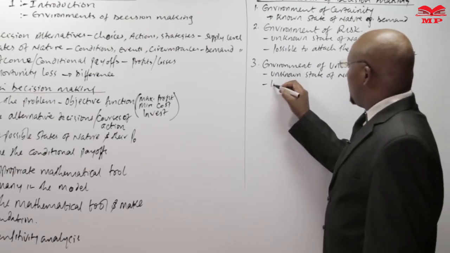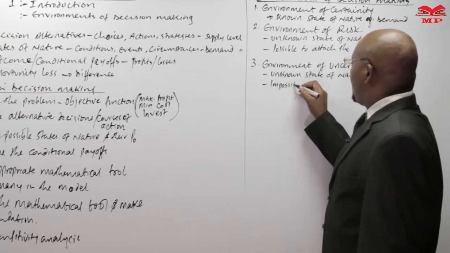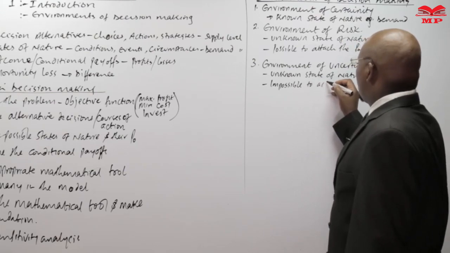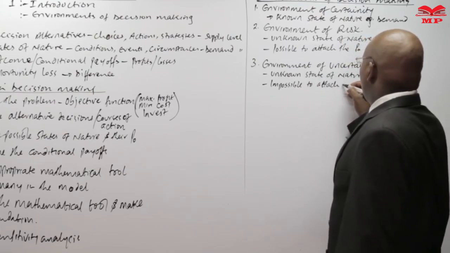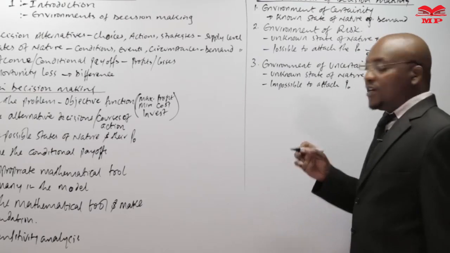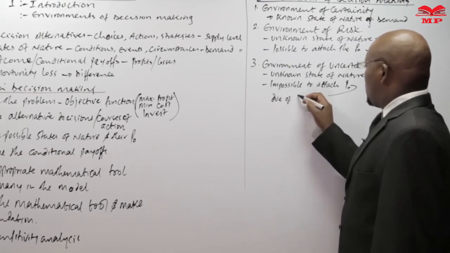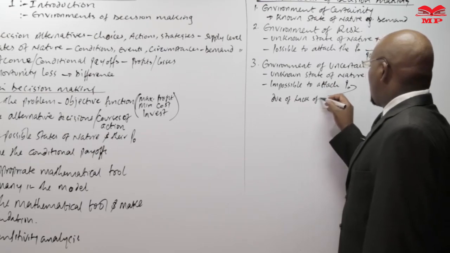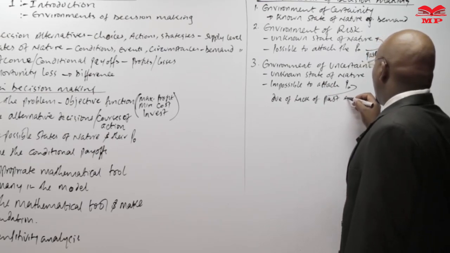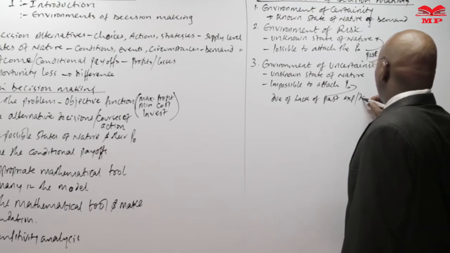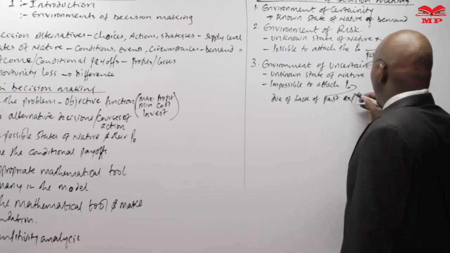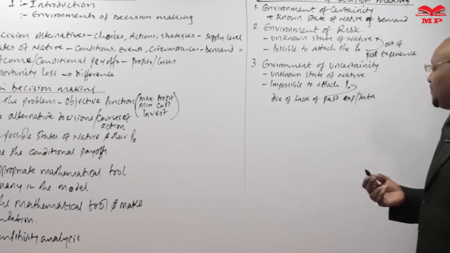So, it is impossible to attach the probabilities. This is due to lack of past experience or data. So due to lack of past experience or lack of past data.